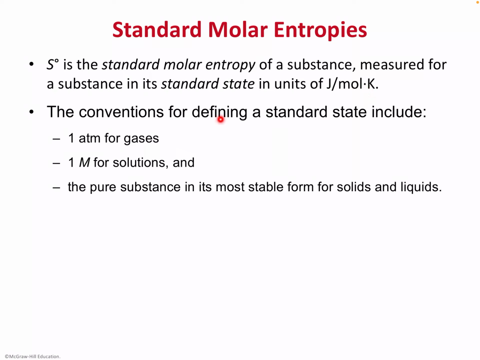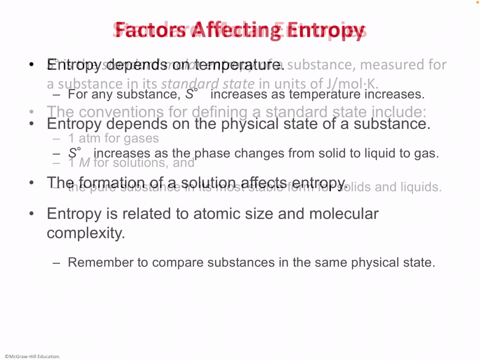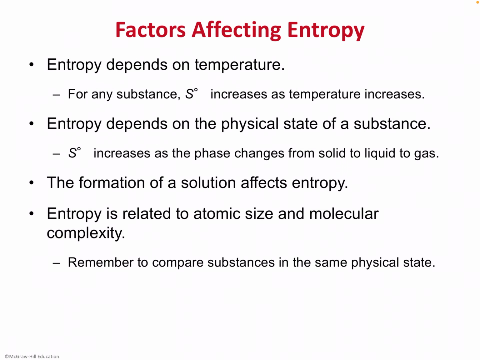The convention for defining a standard state includes 1 atmosphere pressure for gases, 1 molar for solutions, and the pure substance in its most stable form for solids and liquids. Those are the conditions for standard molar entropies.